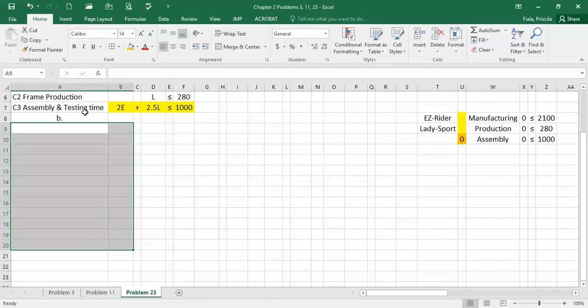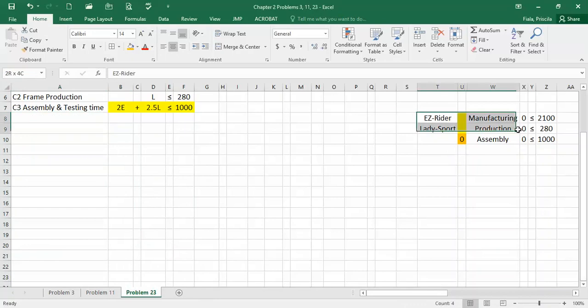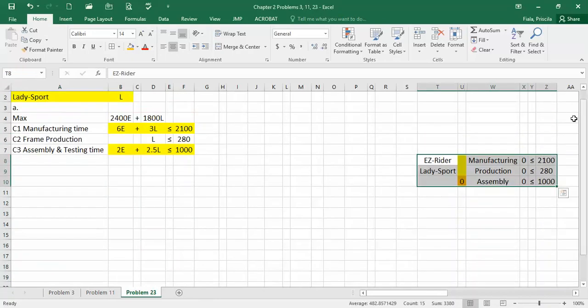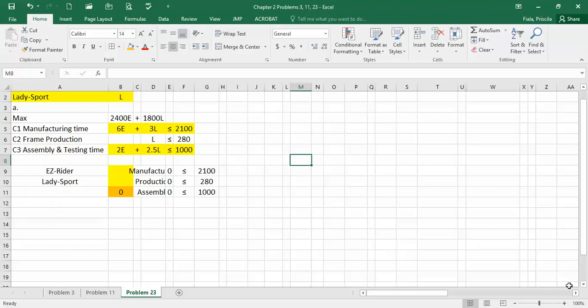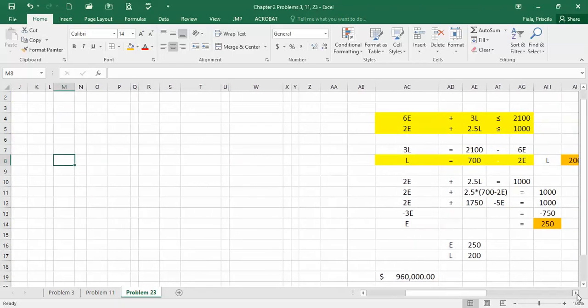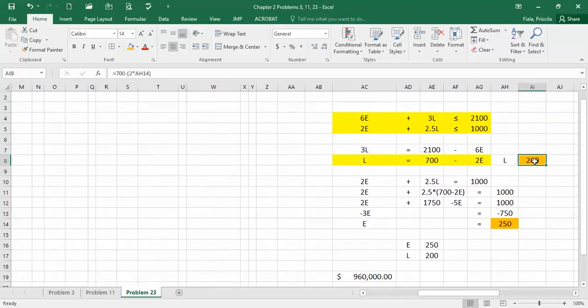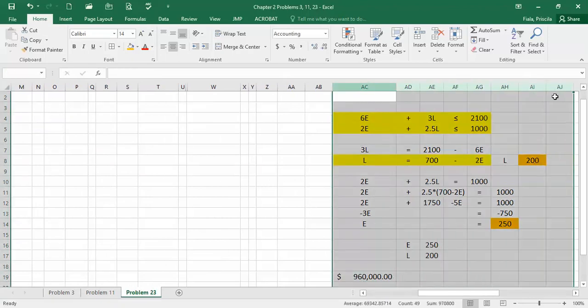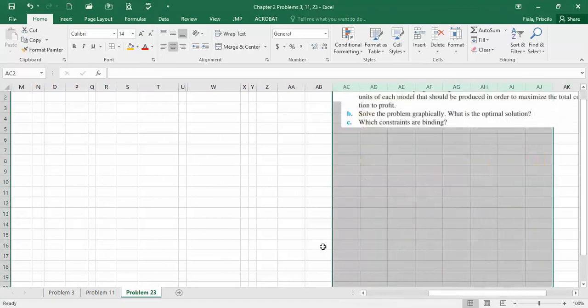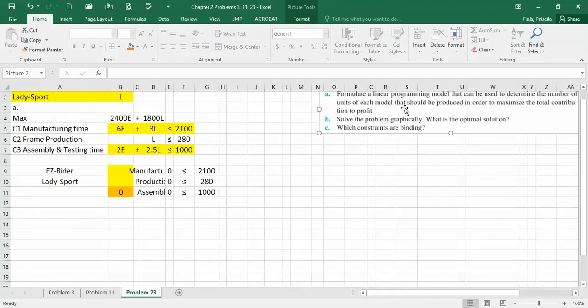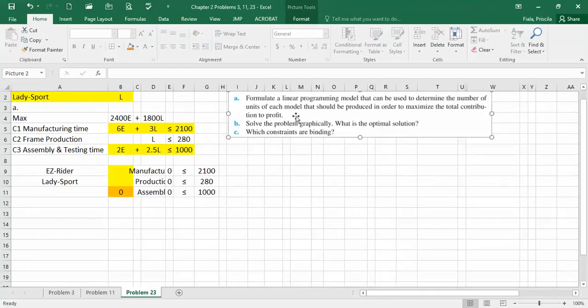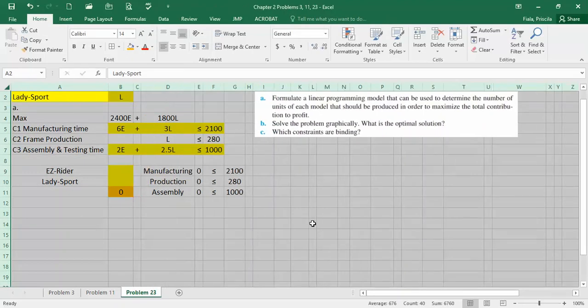Let me do it up, and then I'm going to move all this over here. And I'm going to explain it, because now we're going to be using Solver to give you exactly these values and this amount right here without having to do all this. In this case, you have to, because the problem is asking you to solve the problem graphically. But if I would only ask you the values, you could use Solver.